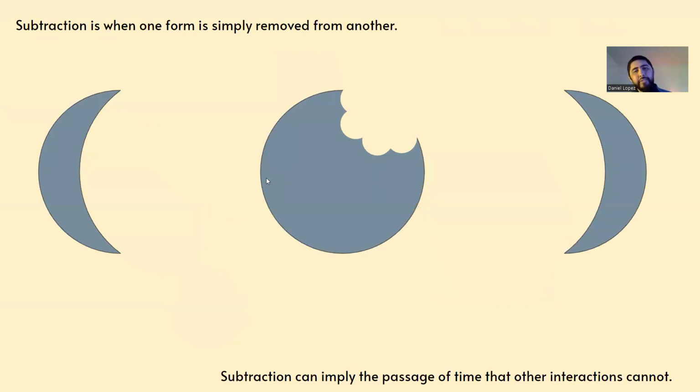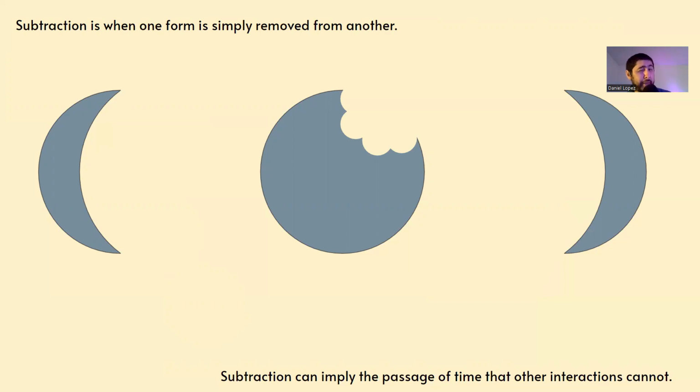Okay, and subtraction, that's taking parts away from one thing. If you do Illustrator, you would be familiar with the Pathfinder function of subtraction. But yeah, this is just taking things away, and as the bottom line says, it implies a passage of time.